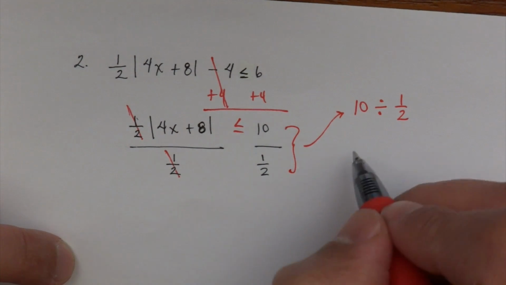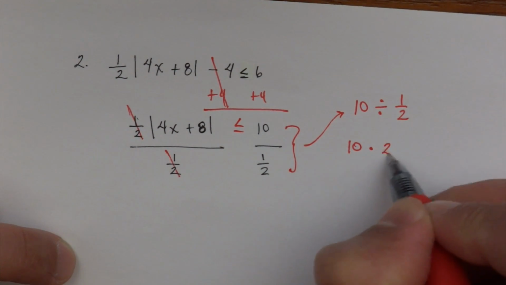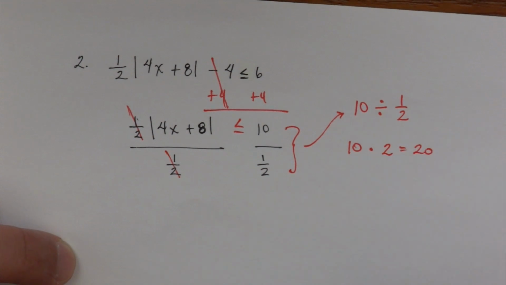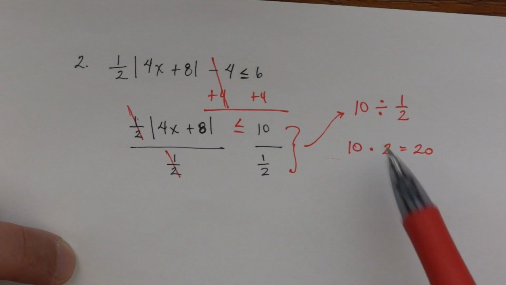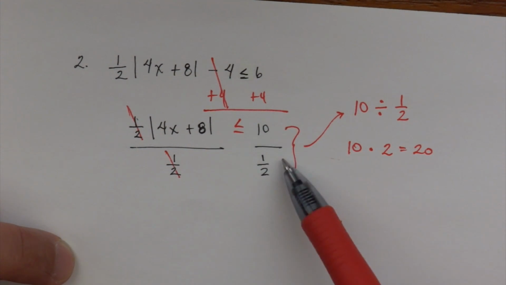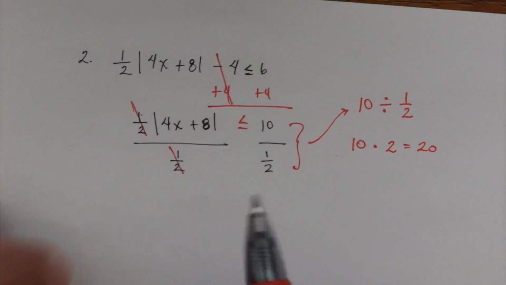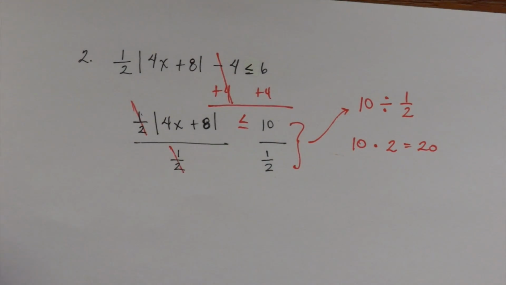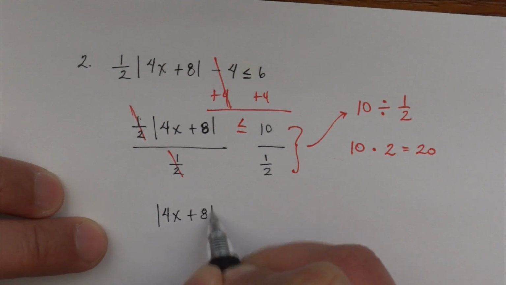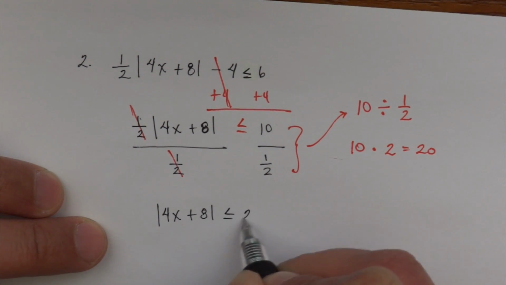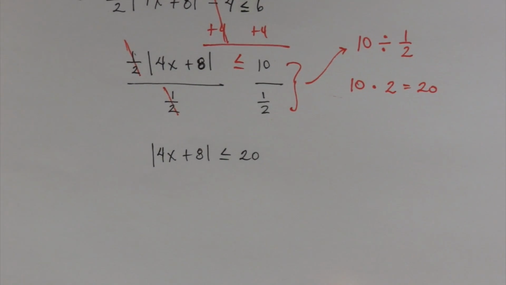If I change to multiplication and use the reciprocal, this becomes 20. So all we do is 10 times the reciprocal of this, which is 2/1. And that's going to give us 20. So now I have the absolute value of 4x plus 8 is less than or equal to 20. And then we can just go ahead and solve it from there.